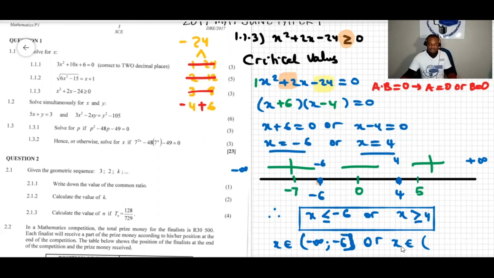And similarly over here it must also be a square bracket, 4 and then to positive infinity. So this is the solution. Okay, thank you.